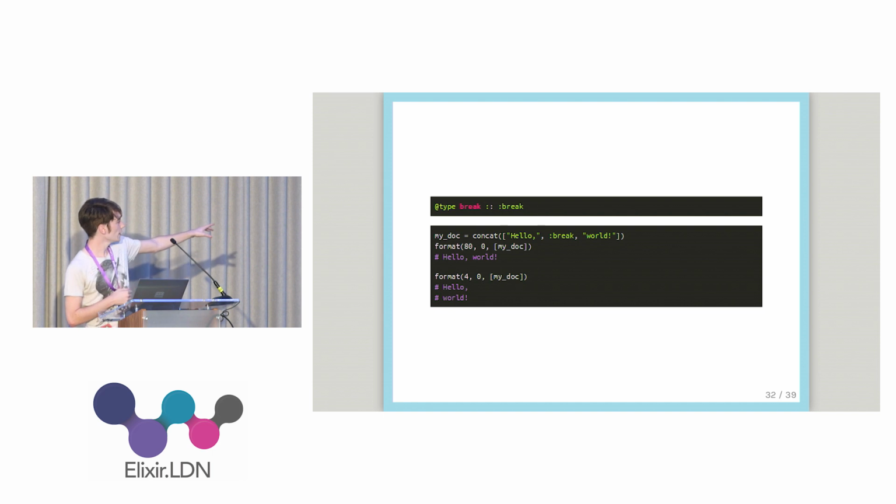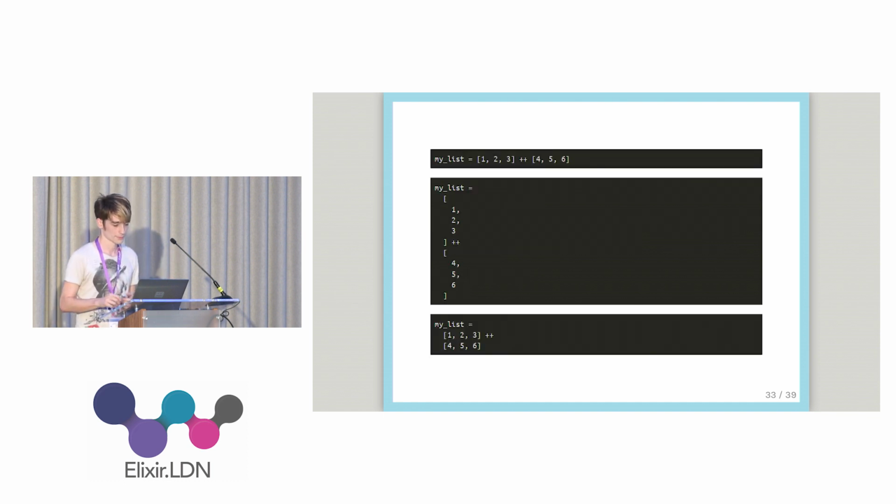So we've got the same document here, concat break world. If we format it with a maximum width of 80, it fits on one line. If we format it with a maximum width of 4, it fits on 2 lines. Easy. So with the algebra we've got so far, we can make a formatter that respects the maximum width, but it's very much all or nothing.